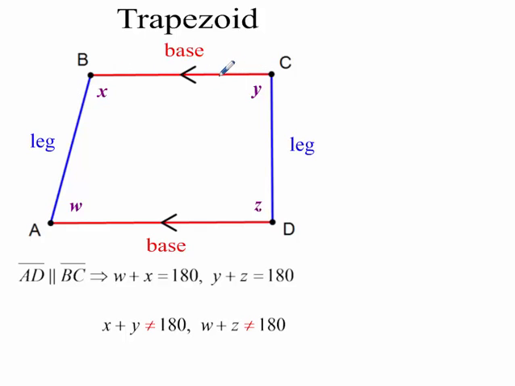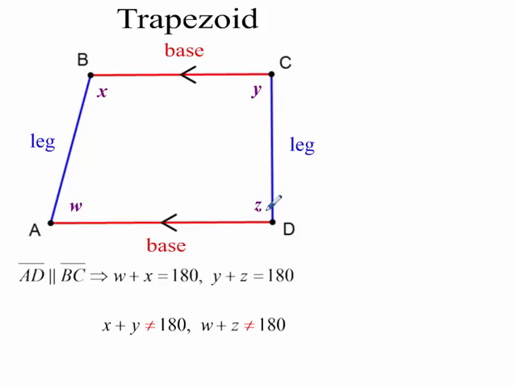Since you have a line segment that is parallel to another one and the leg is a transversal, then, going back to stuff from chapter 3, I believe, these two interior angles are same side interiors and they have to be supplementary. They add up to 180. And over here to the right, we have a leg that's a transversal cutting across this base and that base. The bases are parallel, so Y and Z have to add up to 180 because they're same side interiors.